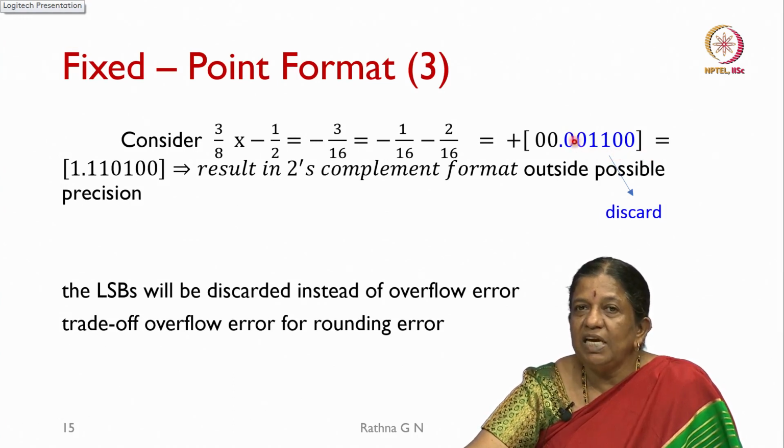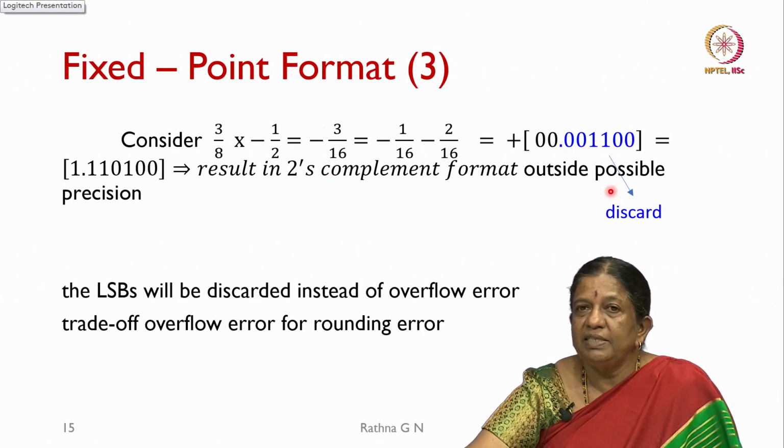Because this is a positive number that I have represented, not the negative value, here I will be considering the 2's complement of this number. When I take that 2's complement, the number represented is 1.110100. So that is what we will be having in 2's complement format.